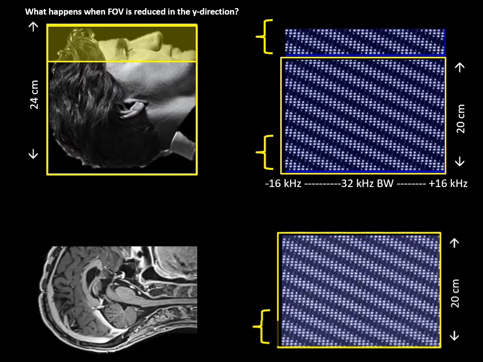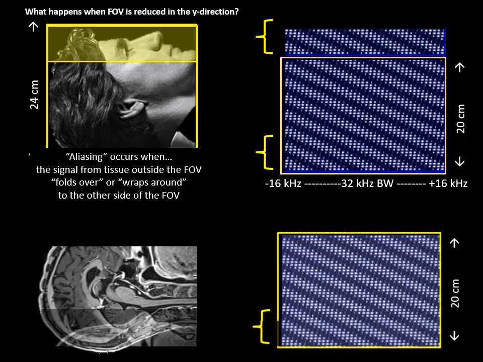If we look at what this looks like in a real image, we see the following. The part that's outside the field of view is not shown in that location, but because the frequency and phase of the pixels in those locations is the same as the bottom of the image, they are aliased down to the bottom of the image, and that is the resulting image that we get with the aliasing shown at the bottom.